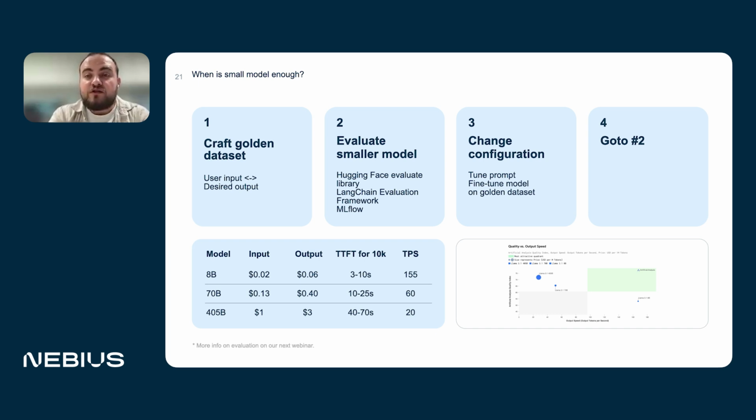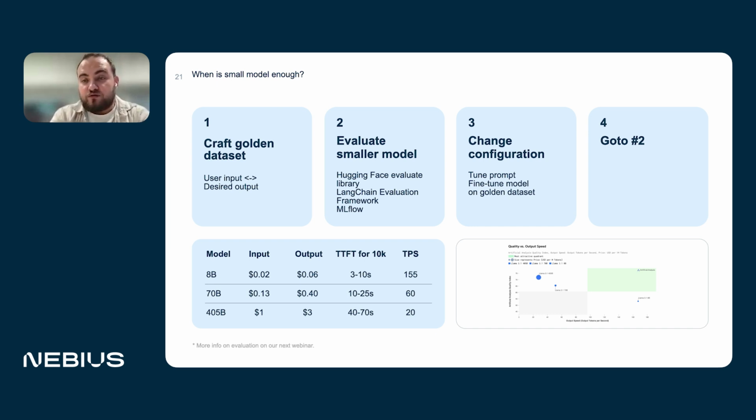After that, you can change the configuration a bit. You can tune the prompt that you're feeding into the model, like setting a system prompt: please act as a good assistant, or as a chatbot of a bank application, or something else. Also, you can fine-tune the model on the golden data set you already collected.